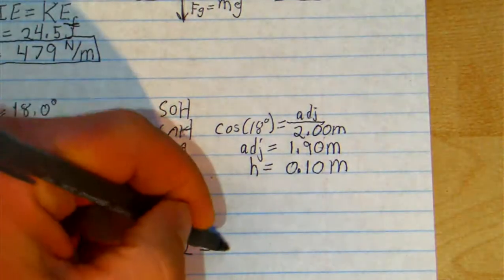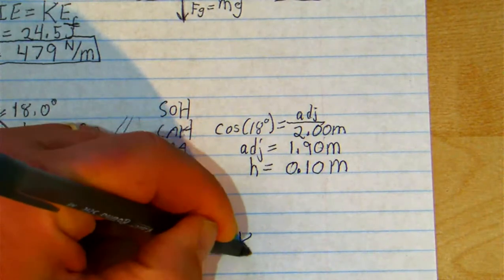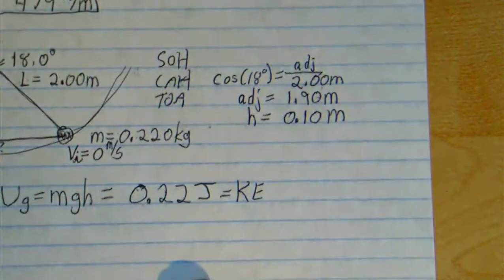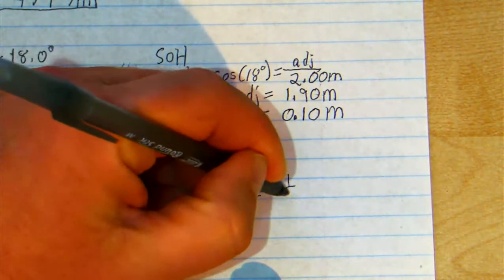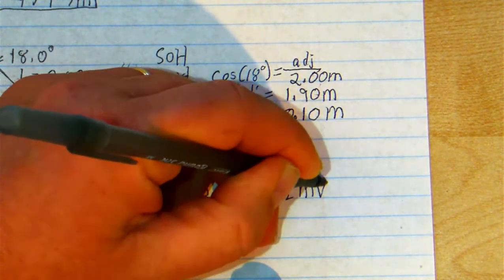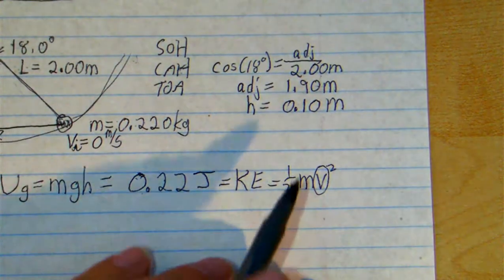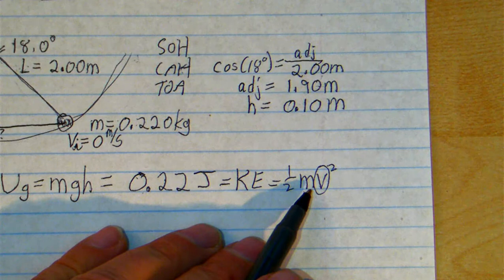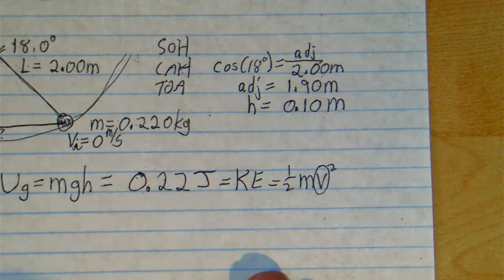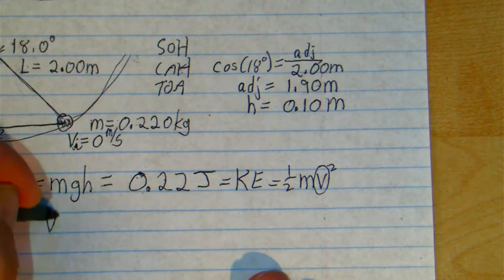And therefore, we can use the formula for kinetic energy, rearrange that, and finally solve for the speed of this bob at the bottom of the swing. That's the plan.